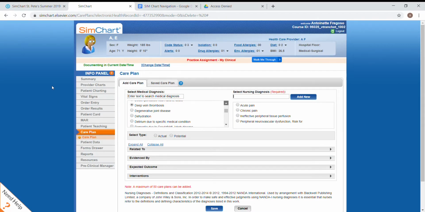It just popped that up because I had started over here. So now I hit DVT here, and then here it pops up here for me. But I'm going to put risk for bleeding, and I added that there. And it's a potential.